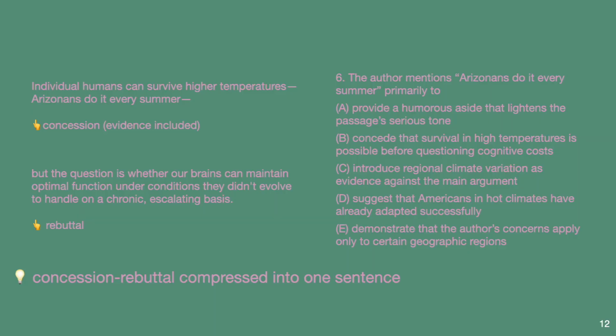This is classic concession-rebuttal compressed into one sentence. The author acknowledges, yes, survival is possible, but survival isn't the point. The point is whether our brains work properly under chronic heat exposure. The correct answer is B. Concede that survival in high temperatures is possible before questioning the cognitive costs.